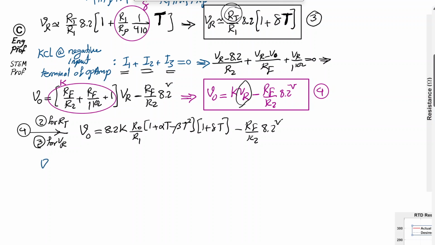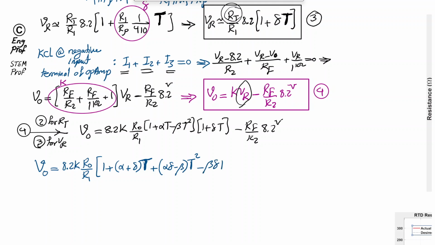So we can say Vout is equal to 8.2K R0 over R1 times 1 plus alpha plus gamma T plus alpha gamma minus beta T squared minus beta gamma T cube.